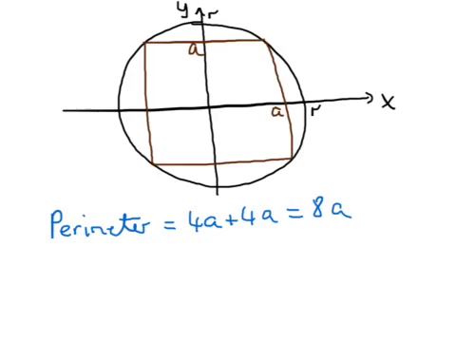And to do that, I'm going to draw a dotted line from the origin up to this point, which has coordinates a, a.